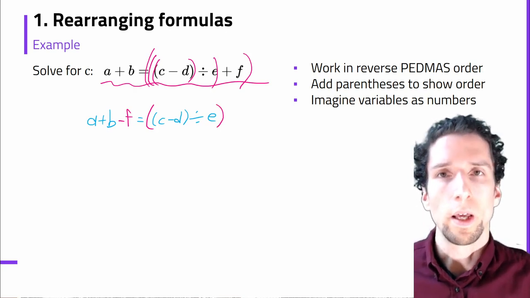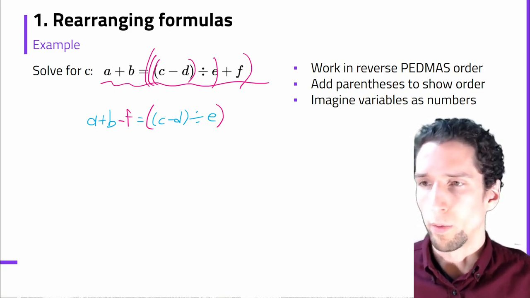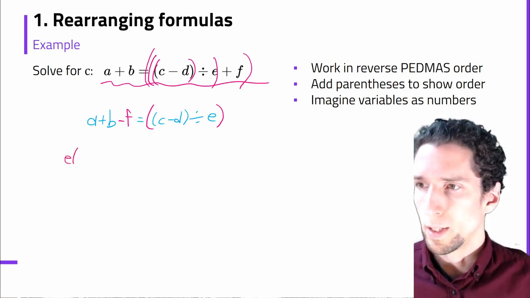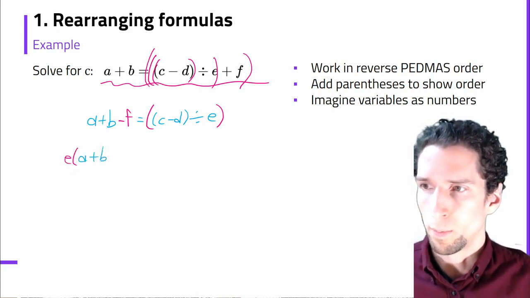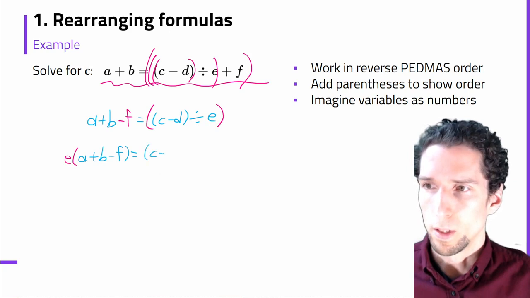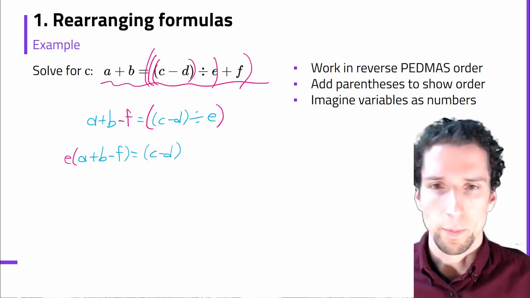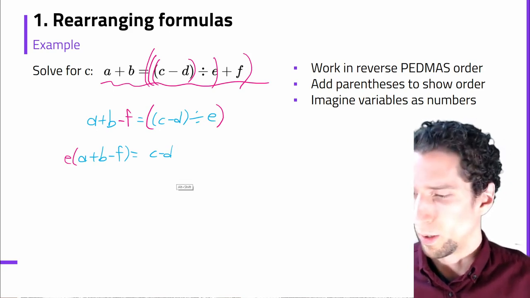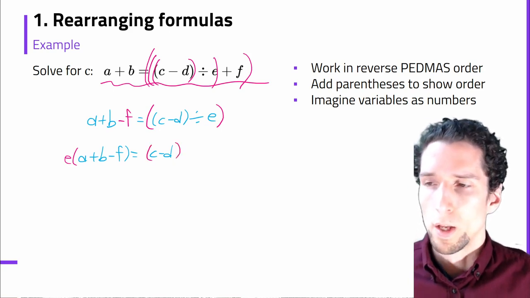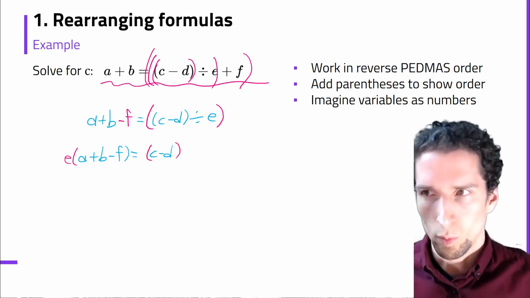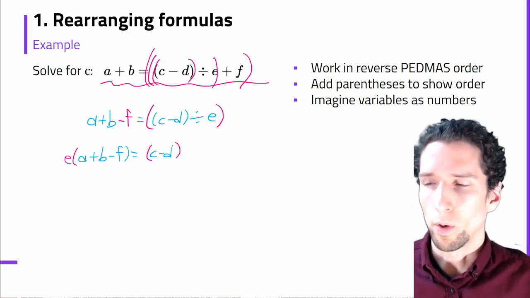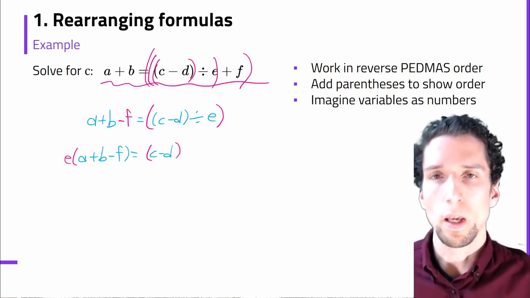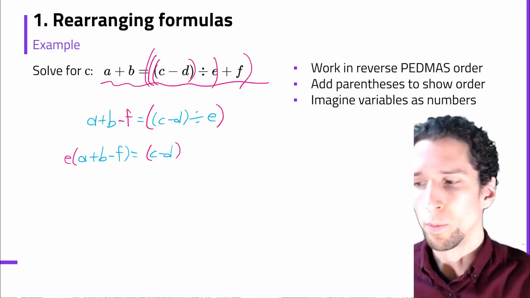So dividing by E, then we multiply by E to get rid of that and move that over to the left side. So E times everything that was on the left, A plus B minus F, equals C minus D. And actually, we don't need these brackets anymore. Now we have the final set of brackets, connected to C or impacting C, and so C minus D, we just add D to move that over.